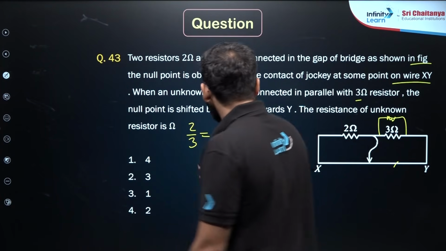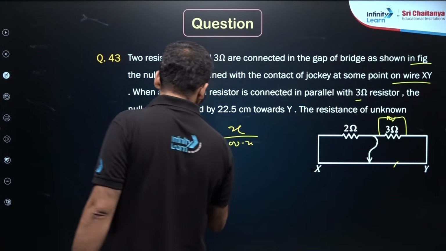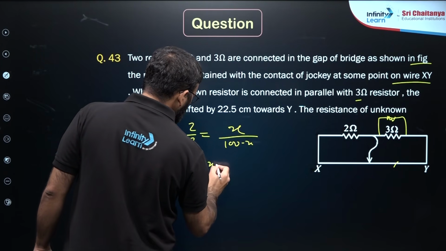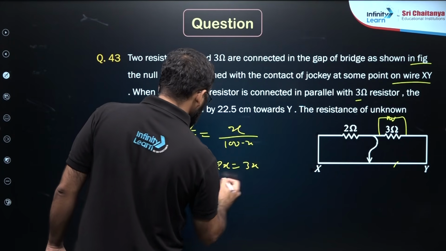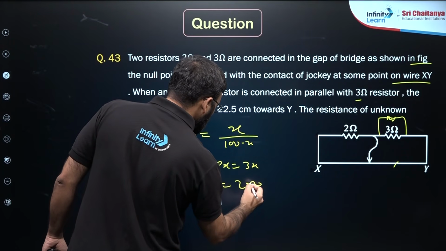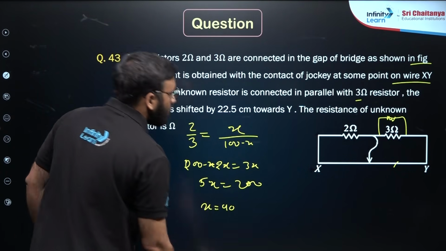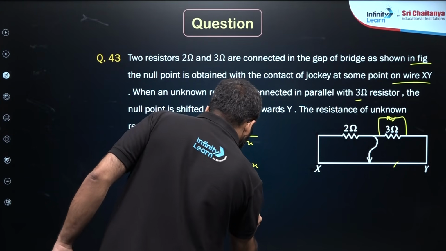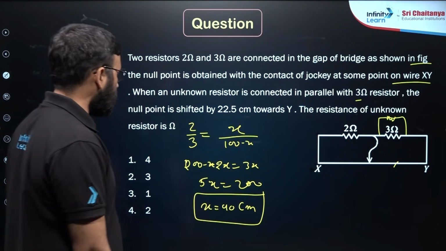So just 200 minus 2x equals 3x. Okay. So what is my x? X equals 40 centimeter. Okay, so this is my initial condition of the null point.